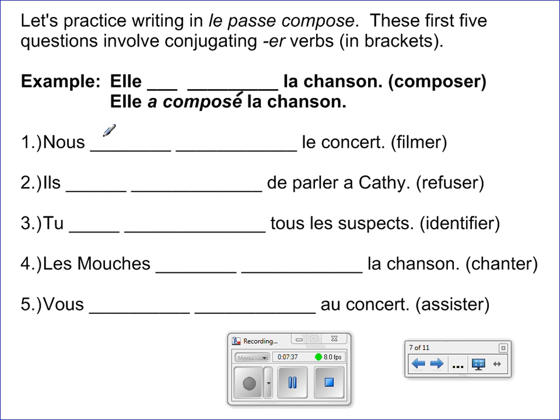So thinking back to conjugating avoir, when it's nous, it's going to be nous avons. And as with all ER verbs, when we're putting them into the past tense, so passé composé, I'm going to write the verb, but I'm going to drop the ER.